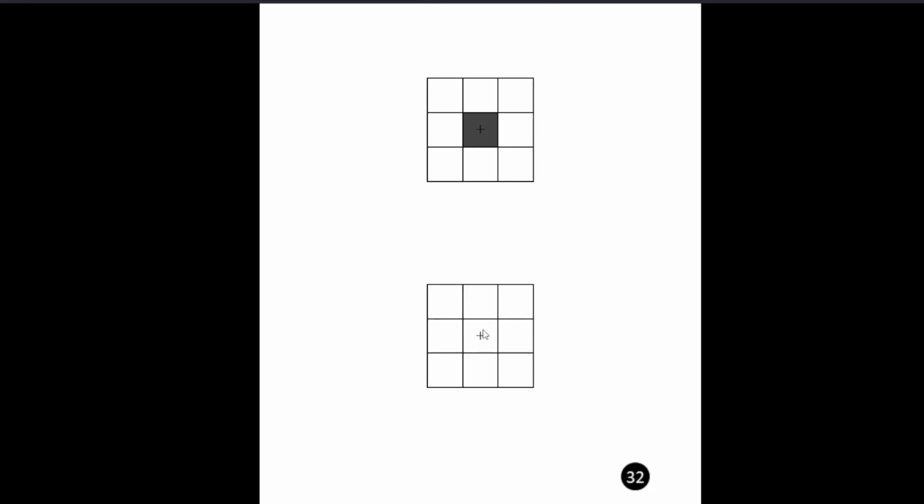I think black must be in the center. And how do we distinguish top from bottom, north from south? I think it's by making the north and the south identical, and same thing with left from right.